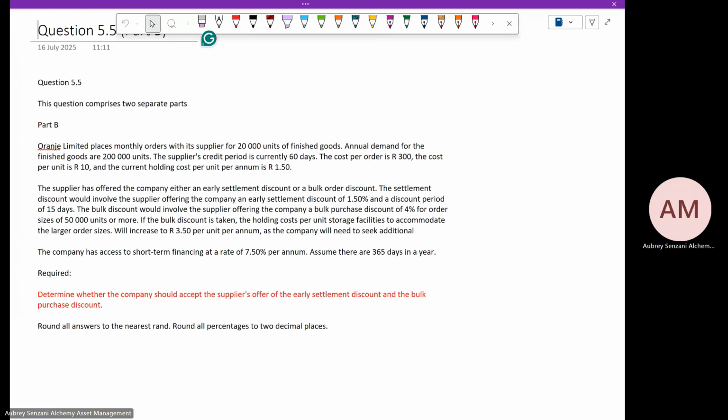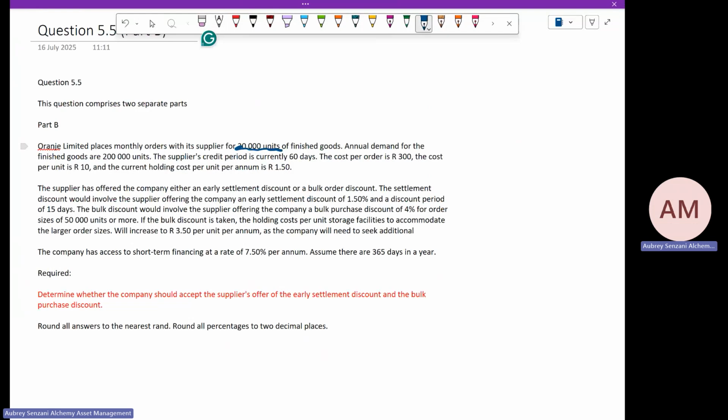Orange Limited places monthly orders with its supplier for 20,000 of finished goods. So already you are circling that 20,000 per month. Then it says annual demand for the finished goods is 200,000.